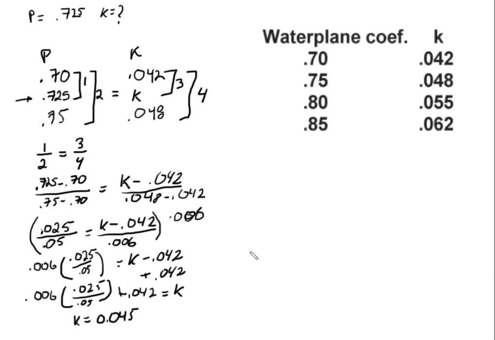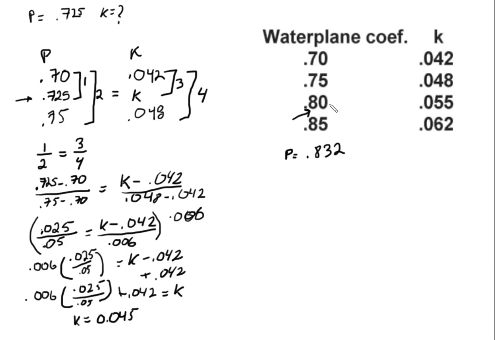Okay, so that's that. I'm going to do another one now. I'm going to give you a P: P equals 0.832. So 0.832 is going to be kind of in the middle of these two, isn't it?